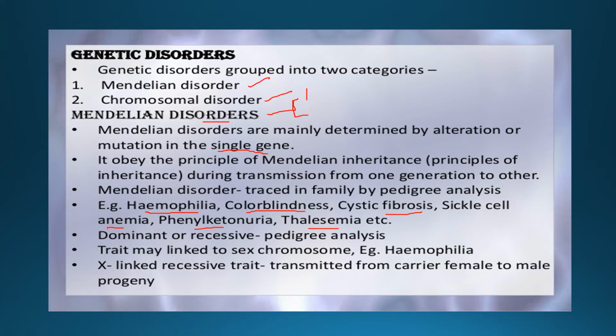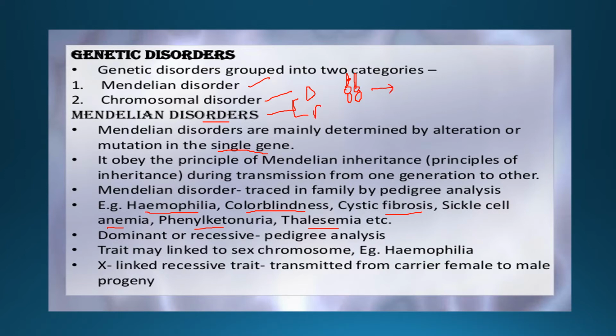What do we mean by a dominant disease? Suppose on a chromosome a single allele is mutated and the other allele is normal. If there is a mutation only on the single allele, and the other allele is normal, and this single mutant allele is capable of causing a disease, then we call it dominant.